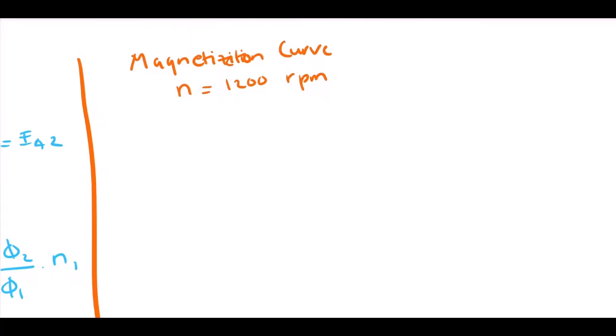and the base rate. Okay, and we've got two conditions here, when we have RF1 and when we have RF2, and therefore the EA0, yeah, the internal generated voltage at the base speed, will have two different values.